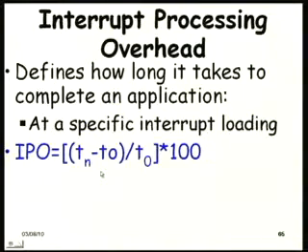Another factor that is considered is the interrupt processing overhead, and this can be easily computed through an experiment. So, it basically defines how long it takes to complete an application at a specific interrupt loading. So, let us say interrupts occur, for example, network transfer is occurring at certain place, or let us say disk IO is occurring, or page fault by other applications is occurring.